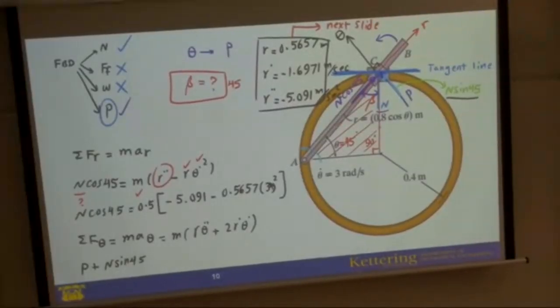From this, you can find the normal force. If you calculate it, the normal force will be minus 7.20 Newton.